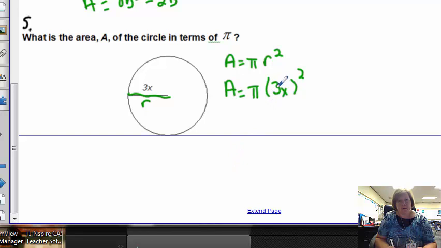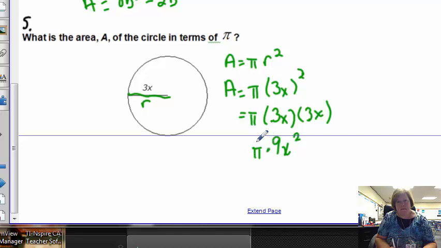So we look at that, and we go back to our order of operations. This is multiplication, but first we have exponents. So I'm just going to expand this notation. We have pi, we have 3x squared means 3x times 3x, and we know that 3 times 3 is 9, and x times x is x squared.